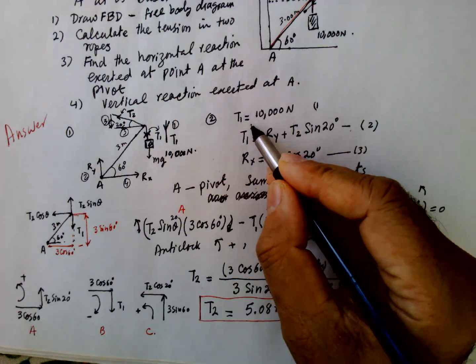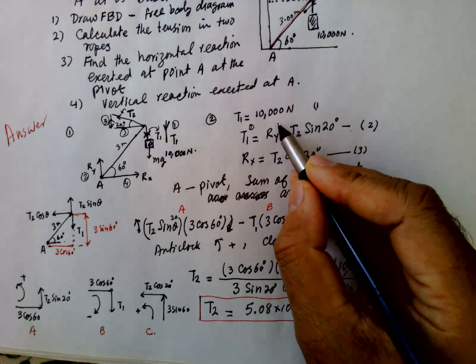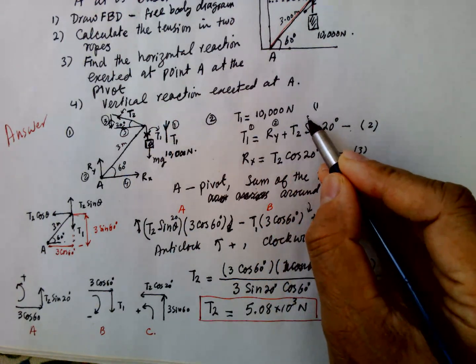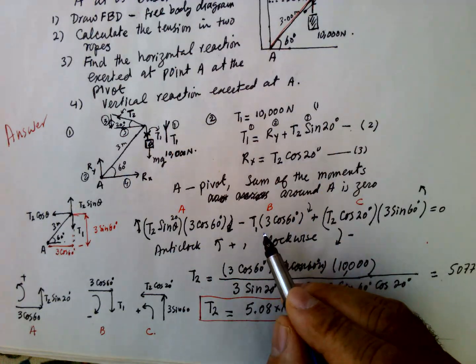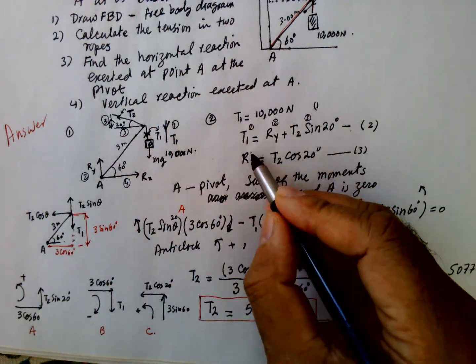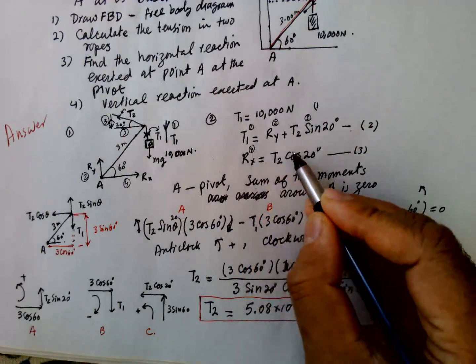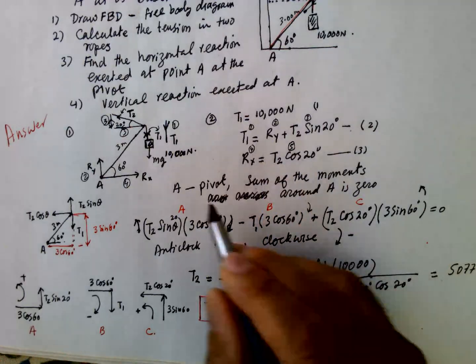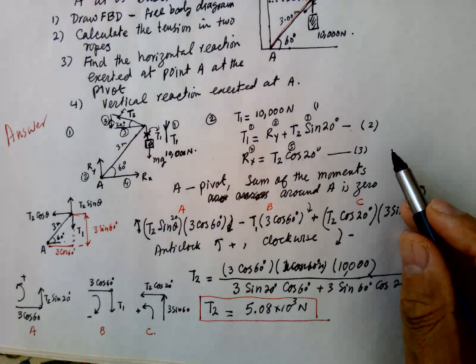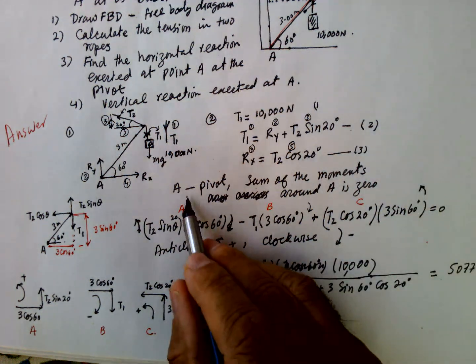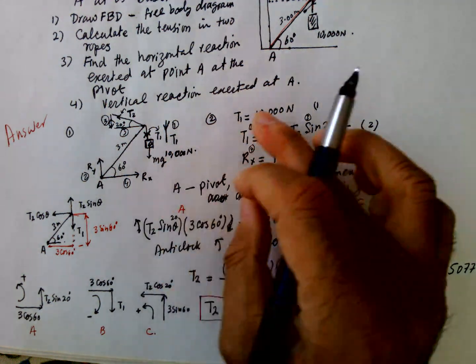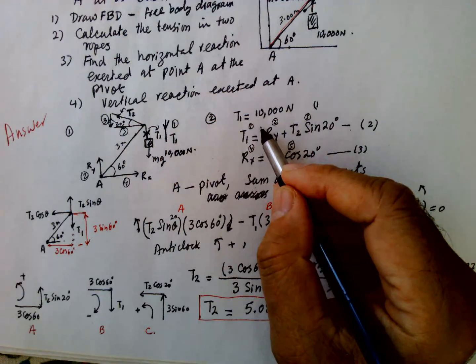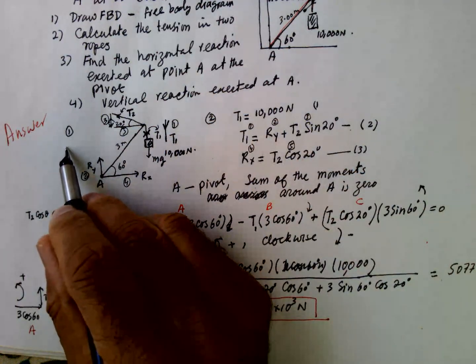So this is 1, this is 2, this is 3, and Rx and Ry, this is a 4, and this is 5. These are the components. This is question number 1, free body diagram.